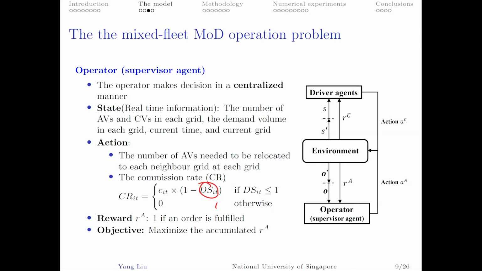It is straightforward to explain because it optimizes the decisions of both drivers and operators, while the simulation benchmark just allocates the AVs and drivers to their neighbor grids according to a heuristic rule.